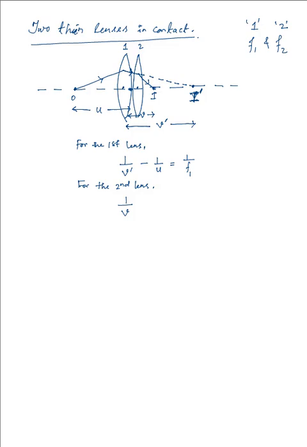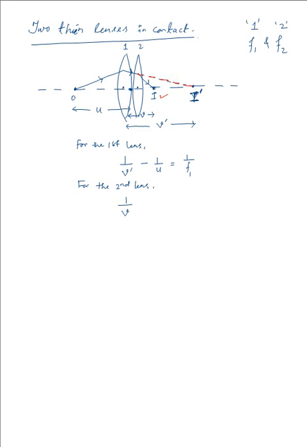Because the light ray from the first lens was directed along that line, as I'm drawing it right now with the red lines, that allowed the second lens to drop the image at this point.